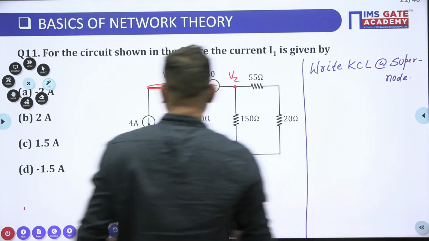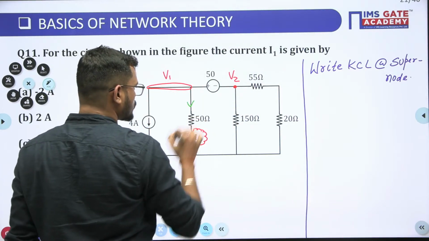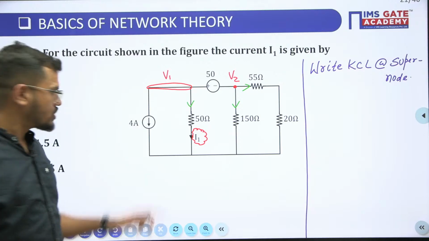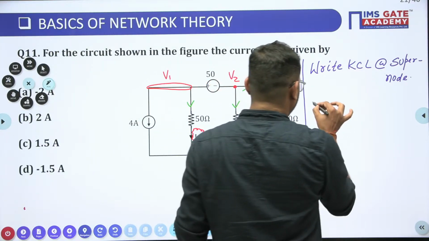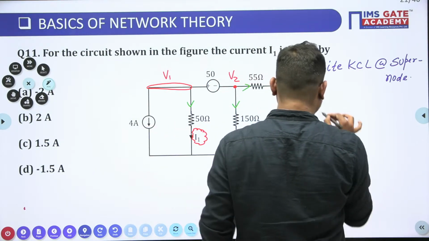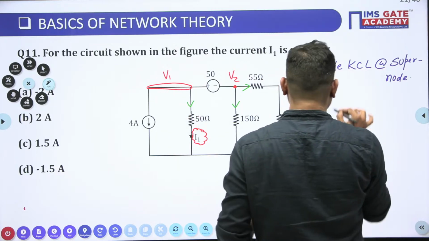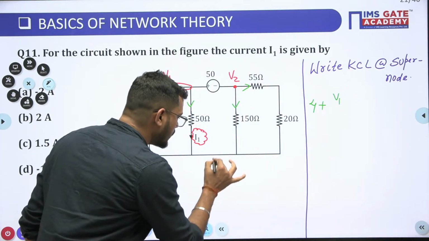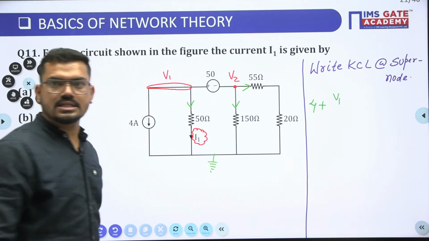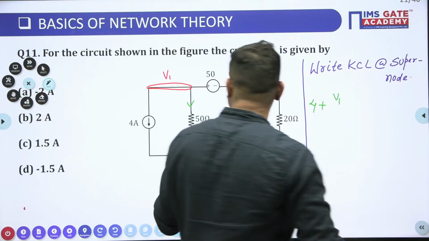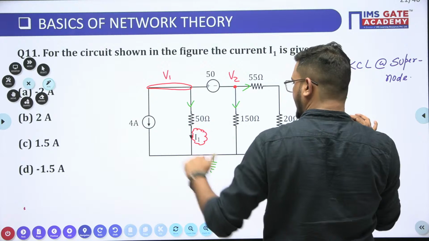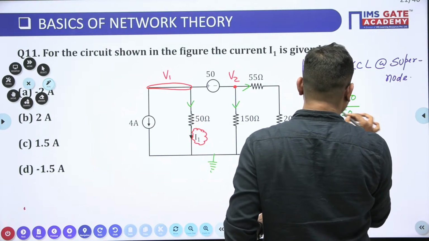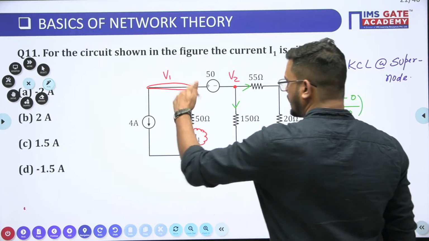I am assuming this is the outgoing current, this is the outgoing current, this is the outgoing current. We can write 4, which is the outgoing current, plus V1 minus 0 divided by 50, assuming this is the reference node. Is it clear? Okay, very good.